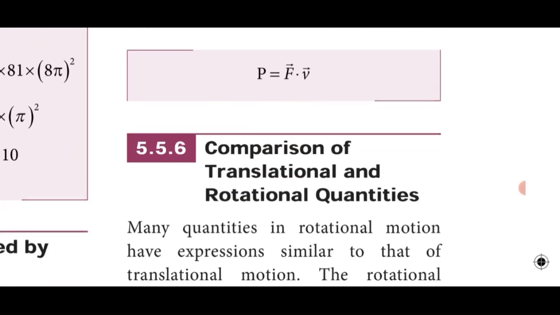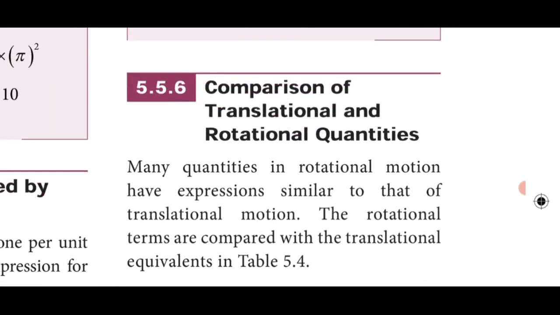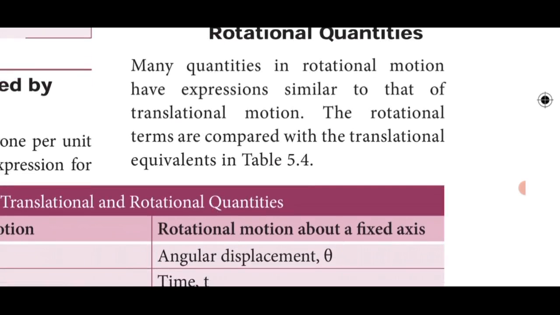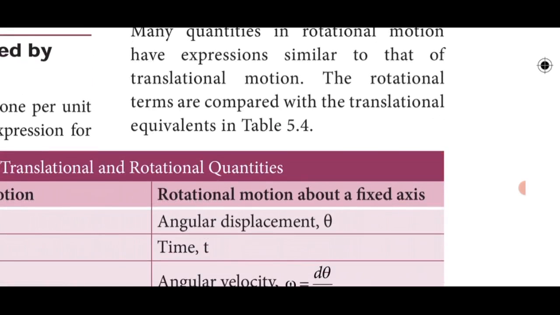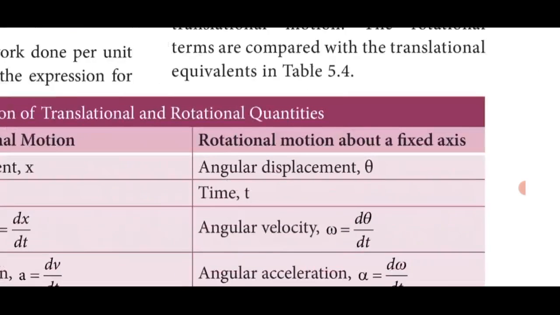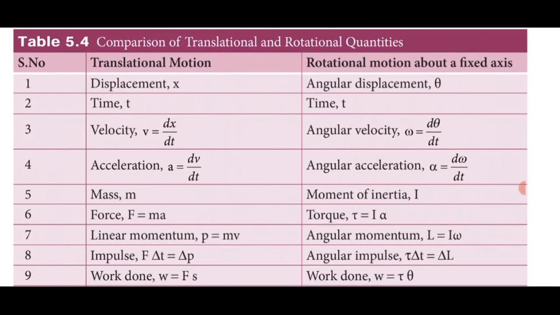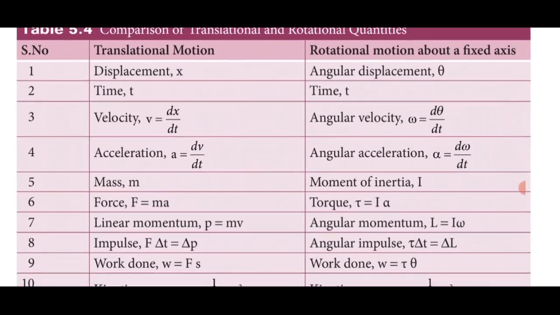Next we are going to see the comparison of the translational and the rotational quantities. Many quantities in rotational motion have expressions similar to those of translational motion. The rotational terms are compared with their translational equivalents in a table. Translational motion has displacement x, but rotational has angular displacement theta.